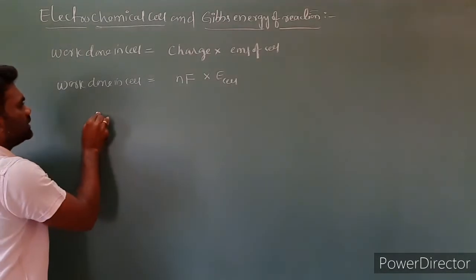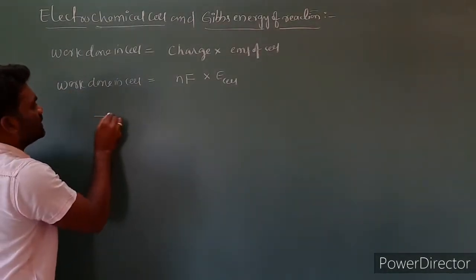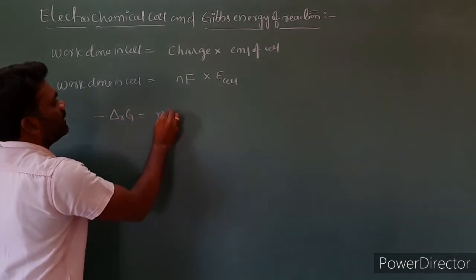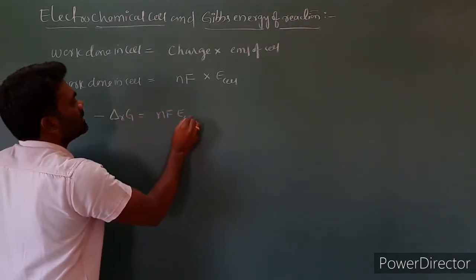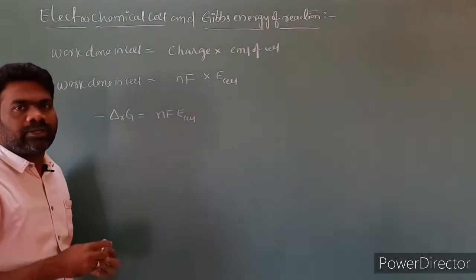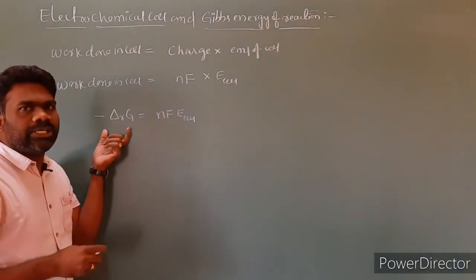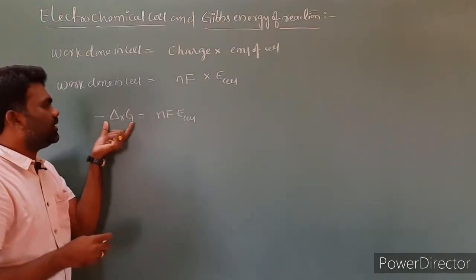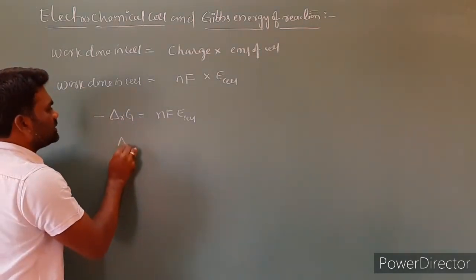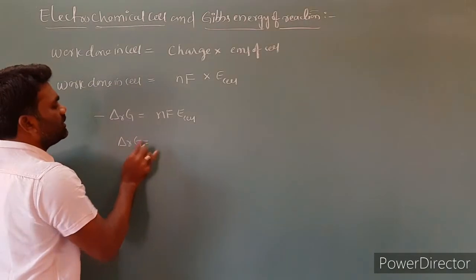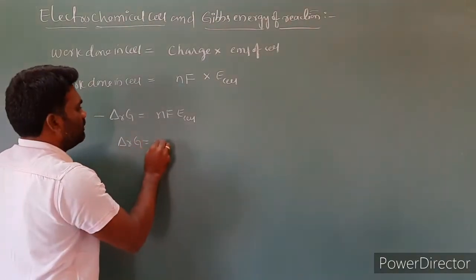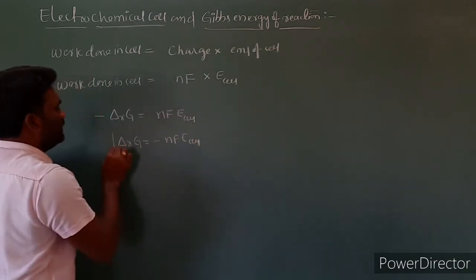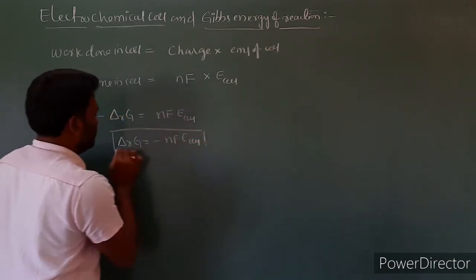That means the work done in the galvanic cell I am taking as minus delta rG, which is equal to nF E cell. So delta rG, where G is the Gibbs free energy, is equal to minus nF E cell. So this is an equation.